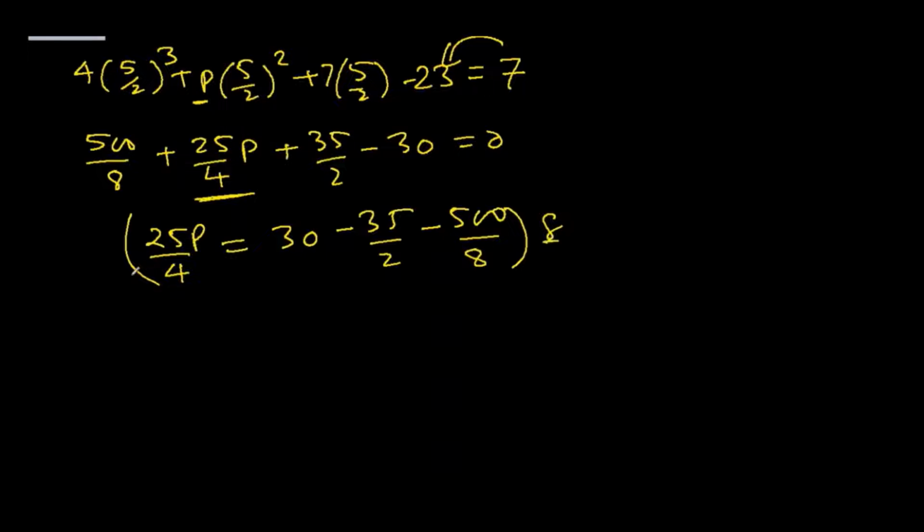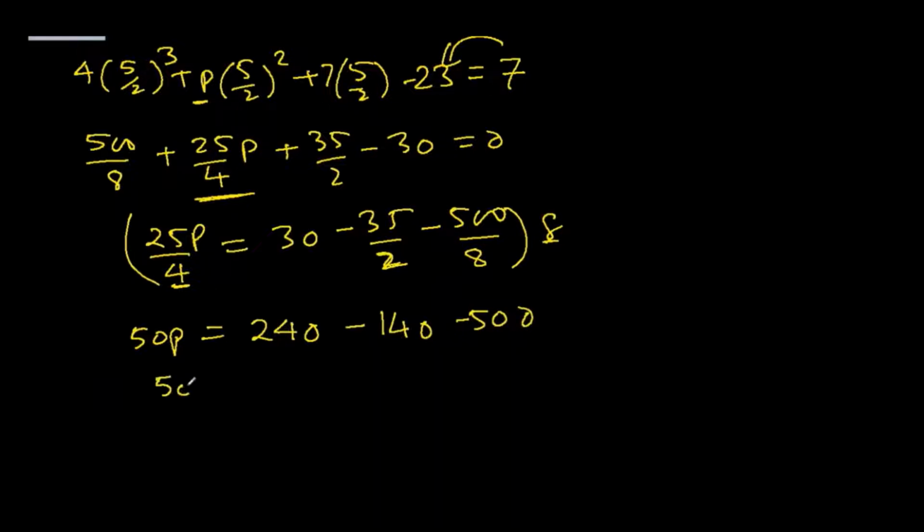So when 8 is multiplied with this 4, it will get cancelled out. So we'll be left with 2 times 25, so that is 50p. Okay, 30 times 8 will completely be multiplied, 240, minus 2 and 8 will cancel, so we'll be left with 4. 35 times 4, 140. 8 and 8 cancel, so minus 500.